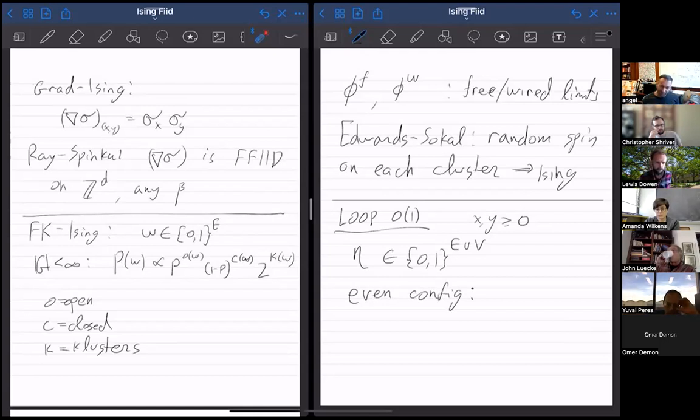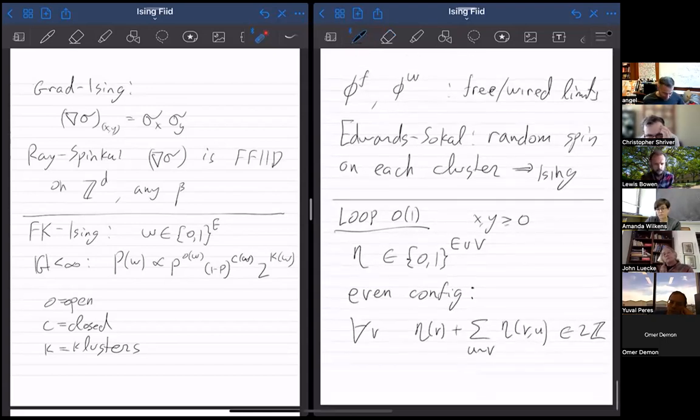It means that for every vertex, the sum of the adjacent edges plus the value of the vertex has to be even. So for every vertex v, eta of v plus the sum over all u adjacent to v of eta of vu has to be even, so it's 0 mod 2.